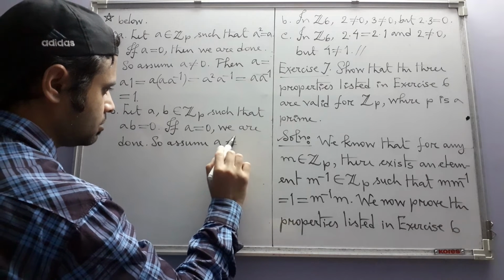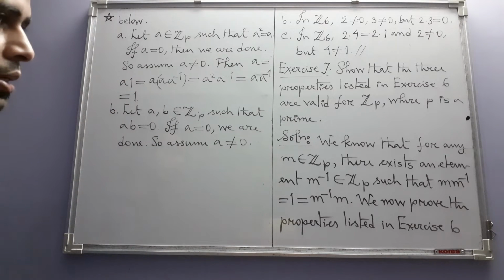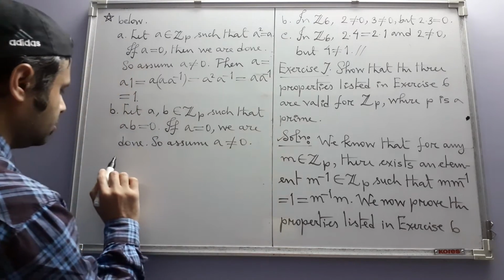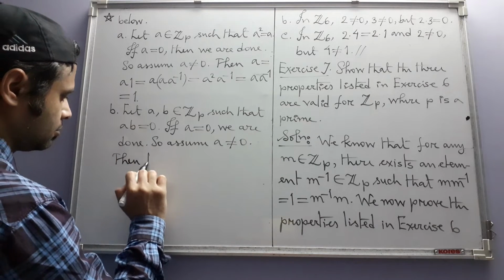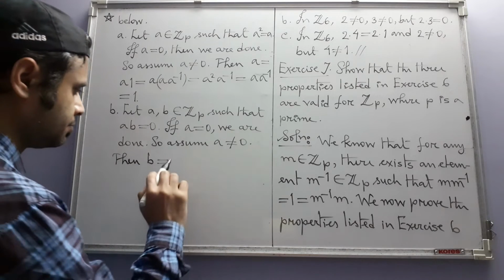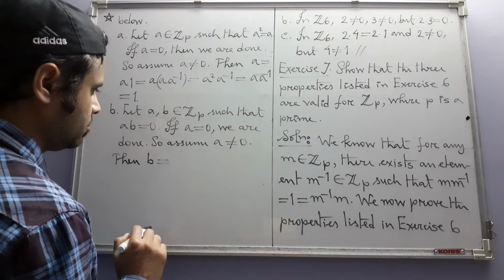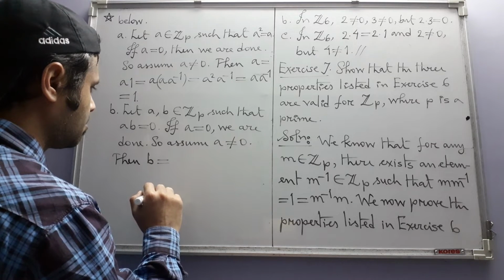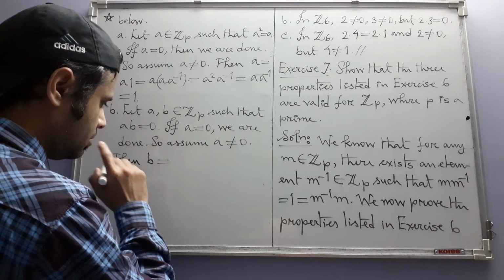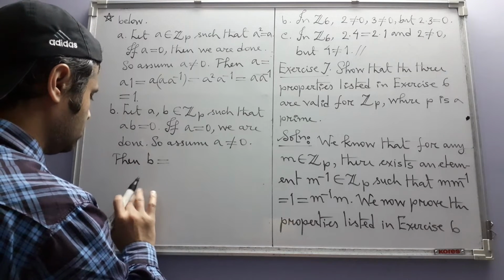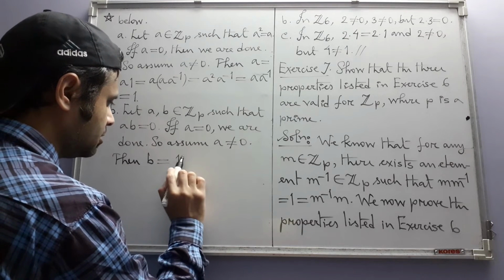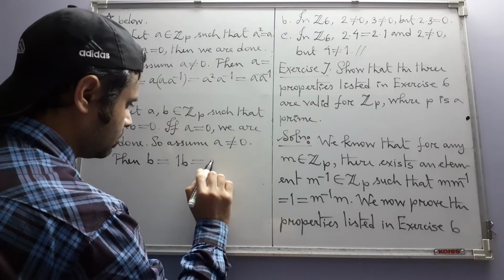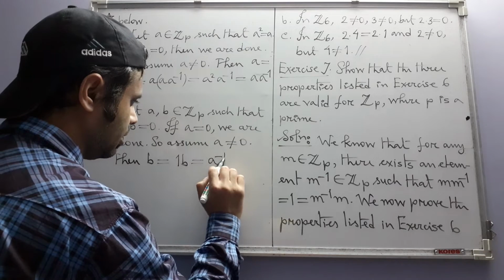So assume A is not equal to 0, then its multiplicative inverse exists in Zp. Then B is equal to 1B, given that AB is equal to 0. So now in place of 1 we can write A inverse A, because that is also equal to 1.